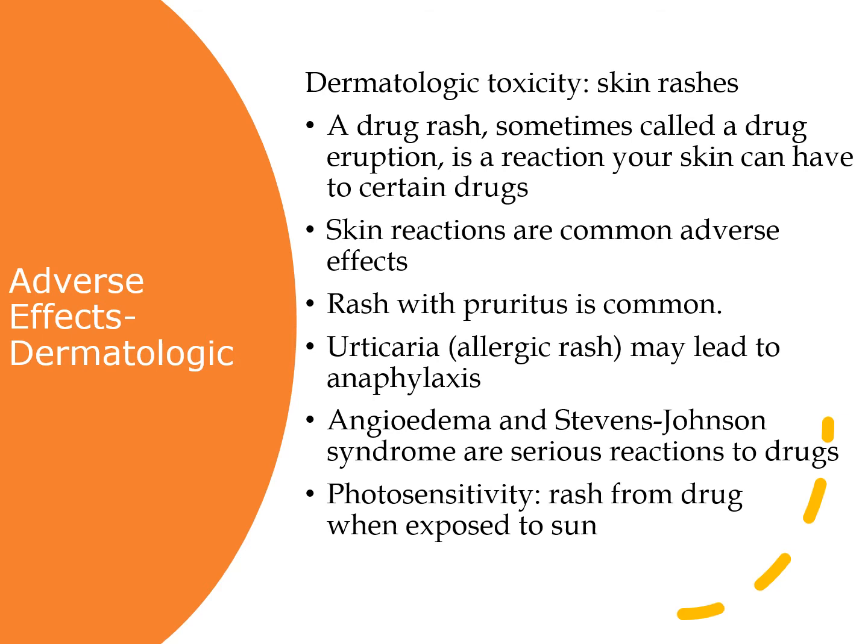And that's called photosensitivity. And we often tell people, don't go out into the sun if you're taking this antibiotic. Very common one, tetracycline. That we tell people, don't go out in the sunlight a lot with tetracycline. There's a good chance you're going to get a photosensitive rash. And there's other antibiotics that can do it as well.